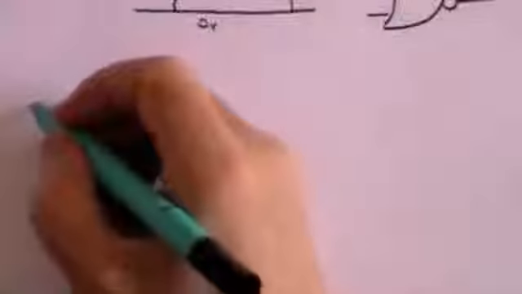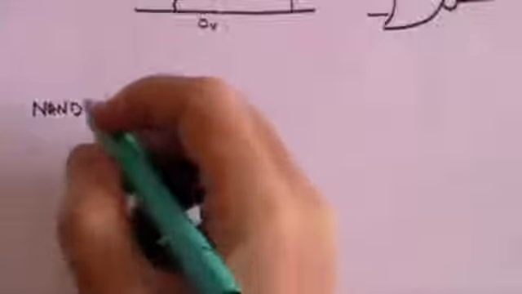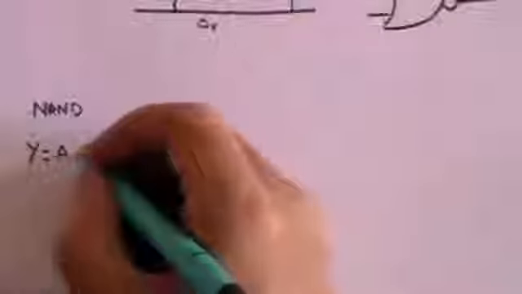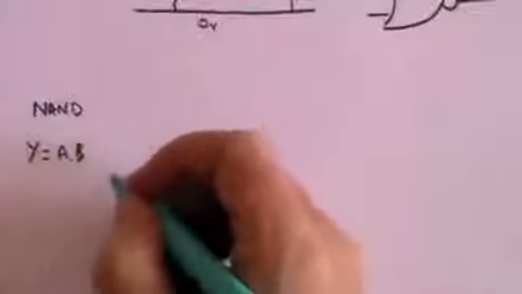And now we're going to look at a NAND gate. Remember that's the NOT AND. So Y, the output, is equal to A dot B, which is the same as for the AND gate, but because it's a NOT, you put a line over the top.